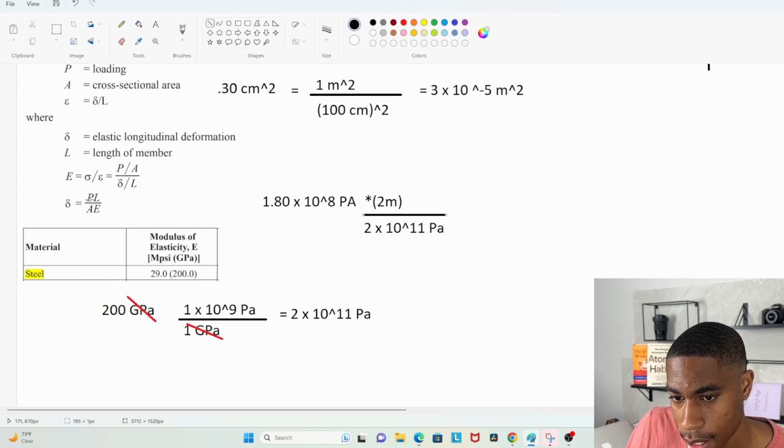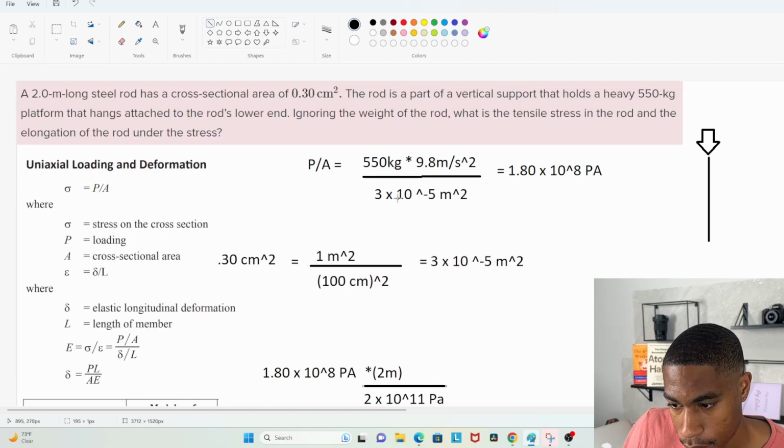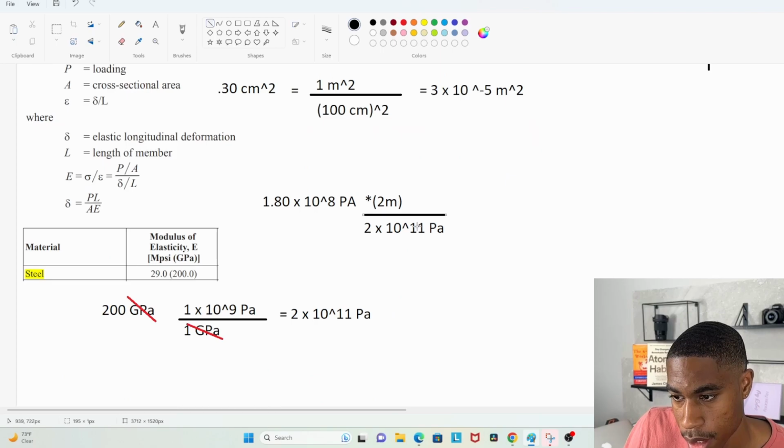My P over A, I went ahead and found that, which is 1.8 times 10 to the 8th pascals. That's my P over A. My L is the length of the rod, which they tell us is 2 meters. So 2 meters. And then the only thing that's left in this equation is E, which is your modulus of elasticity, which we got to be 2 times 10 to the 11th Pa. So my Pas cancel, and I should just be left.